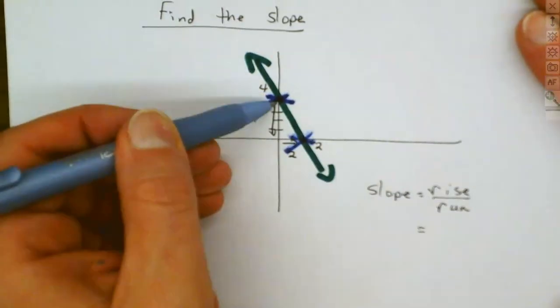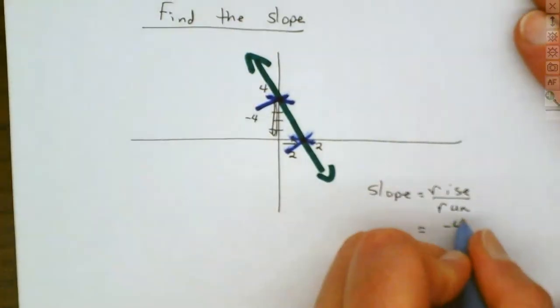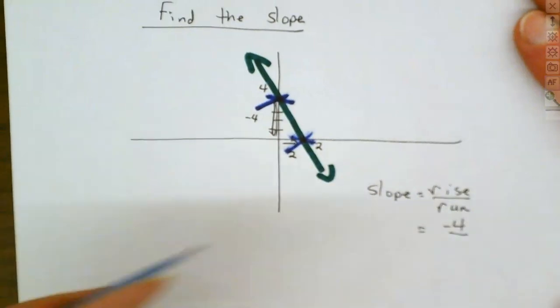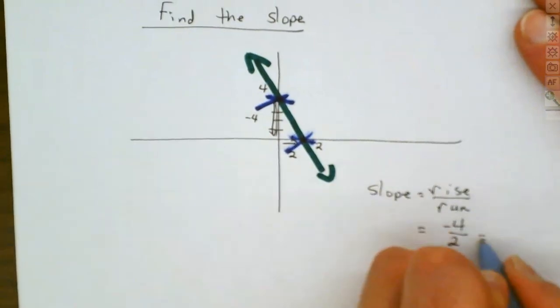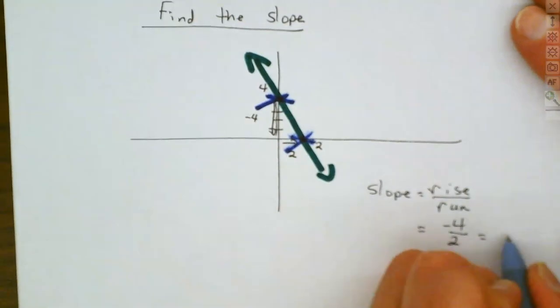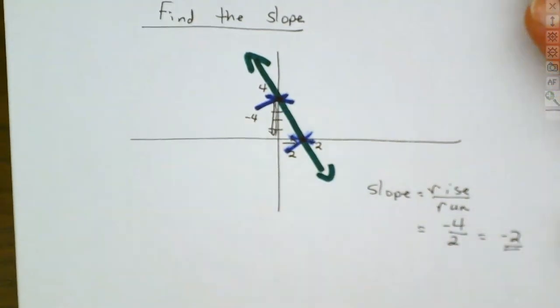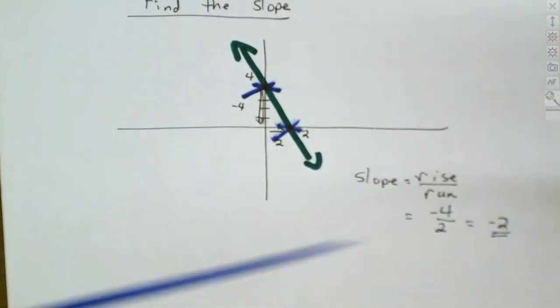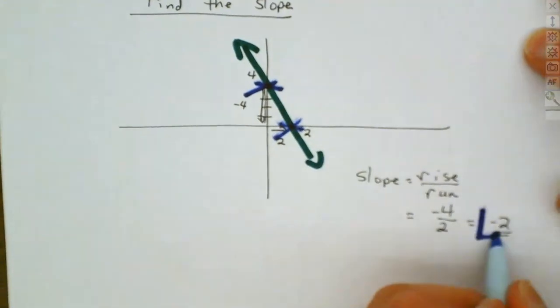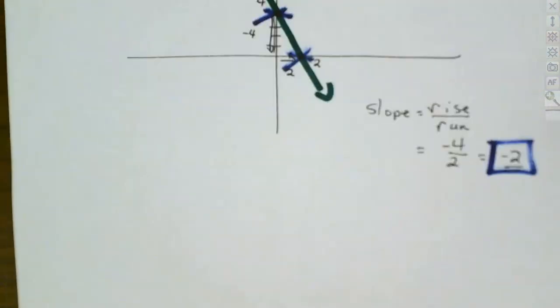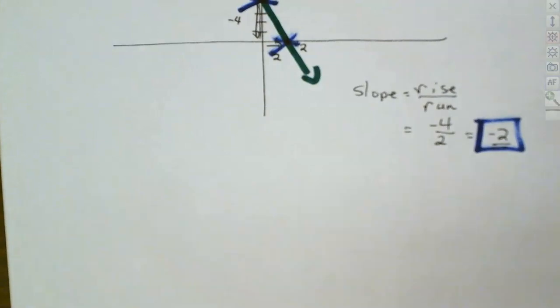My rise, how many units did I go down? I went down 4, and then it went over what? 2. So negative 4 over 2 makes it a negative 2. So what is the slope of this line? Negative 2. That's it. That's all I want. And there's a couple of these on there where you just want to find the slope.